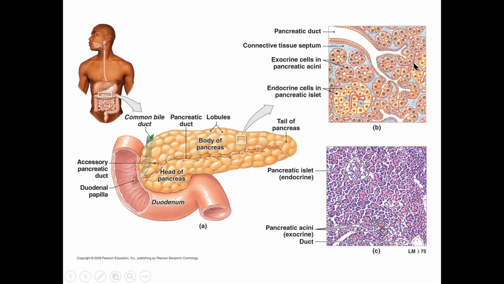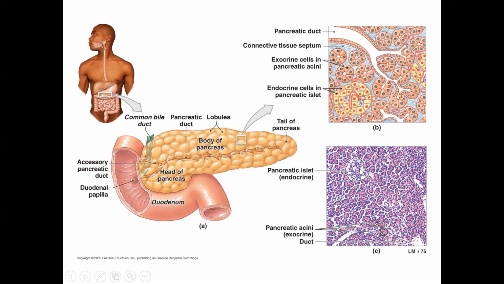So these are exocrine tissue. And on the side, you have this kind of structure right here. Those are called pancreatic islets. Those are endocrine tissue. You already know that, right?